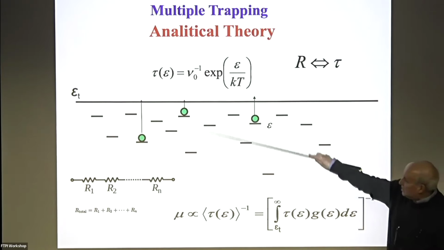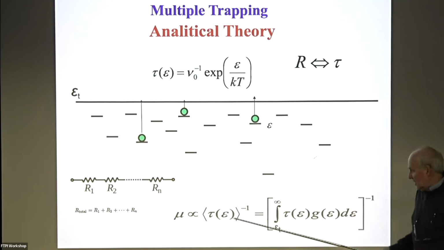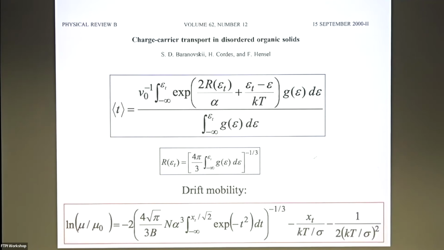So we have just a sequence of events. The electron falls down, and then it returns, and this is the resistance in this place. And you know how to calculate resistances? Just sum up the resistances and average them. And if you have the density of states, and the time is just activation, so you have the result. And that's what we did.